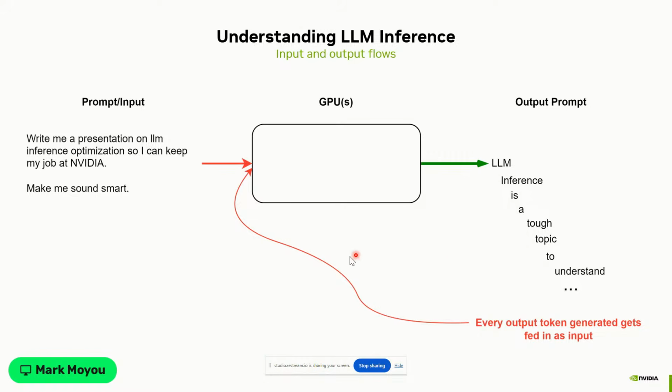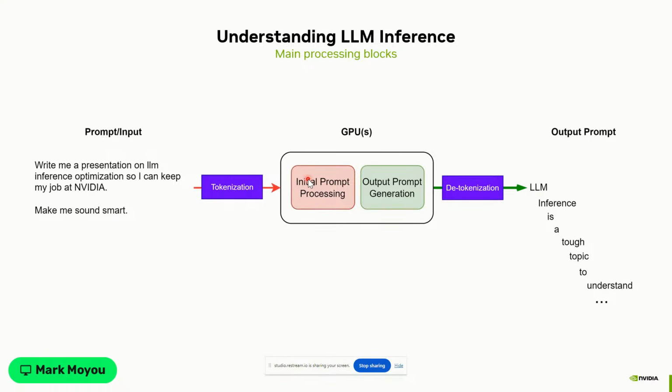So as you think about the total number of tokens that a model processes over a request, it's all of the tokens coming in in addition to all of the tokens coming out. When I do "LLM," I'm going to pass "LLM" back inside, and that's going to give me "inference." Then I'll take "LLM inference" and pass that back inside. Typically, you only pass the current token that's generated back into the model so that you can get a new generation. Hopefully that makes sense at a very, very high level.